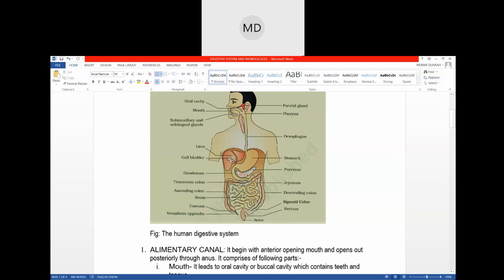And when you are on an empty stomach, this bile acts. This one we will discuss later. When you are eating meals, taking food, this gallbladder is empty and afterwards it becomes full.